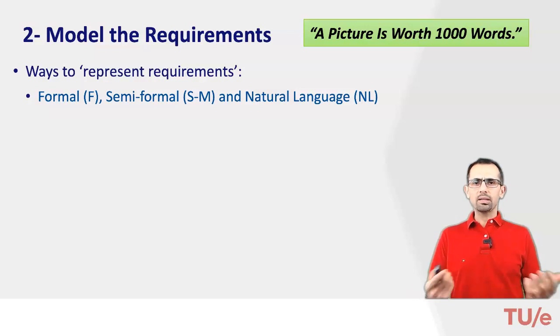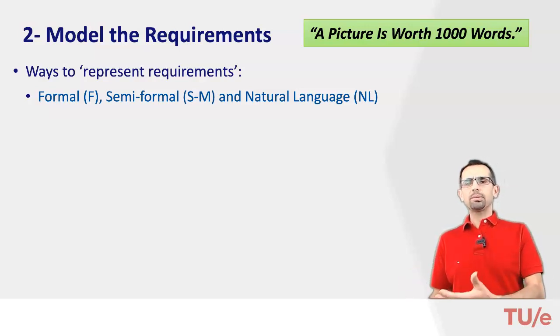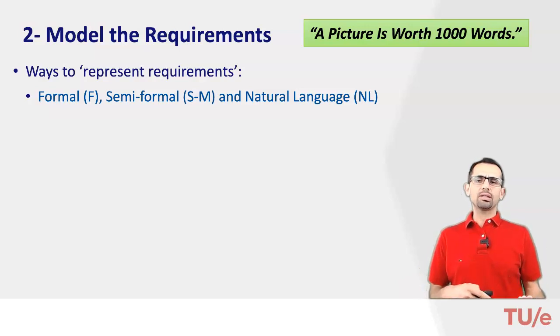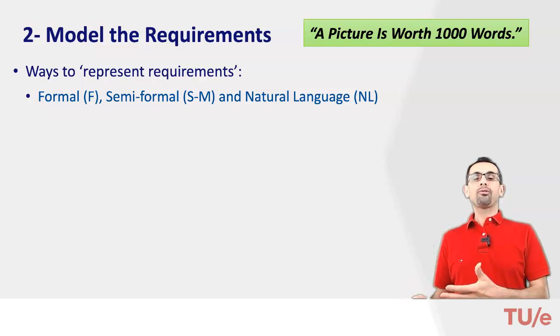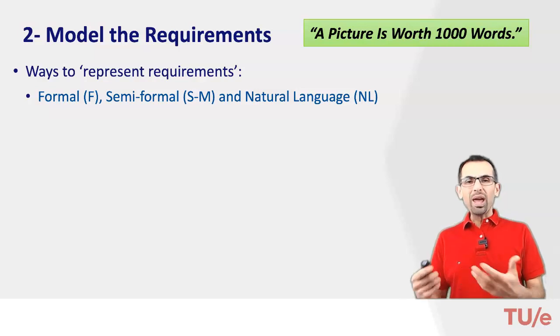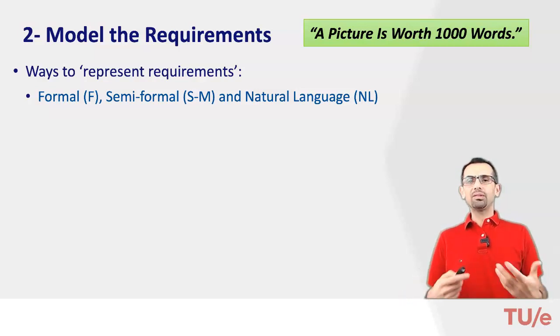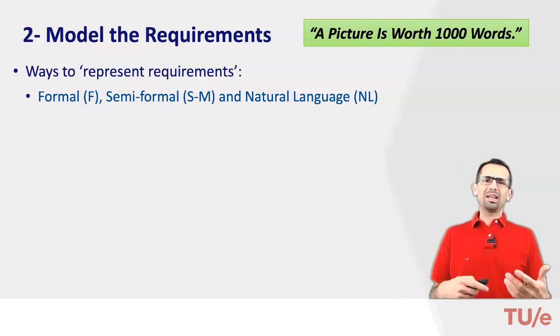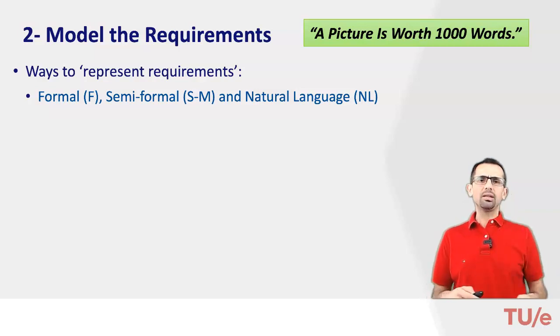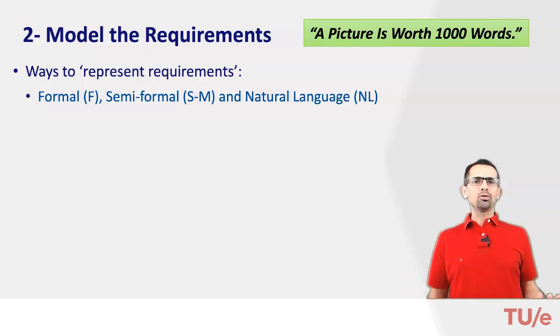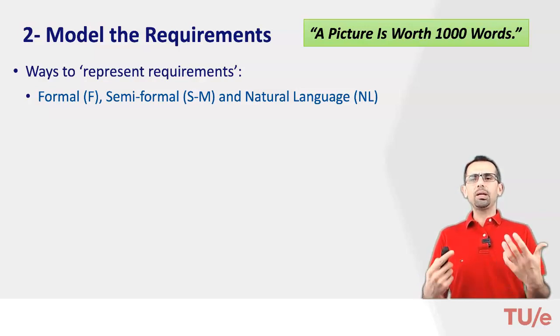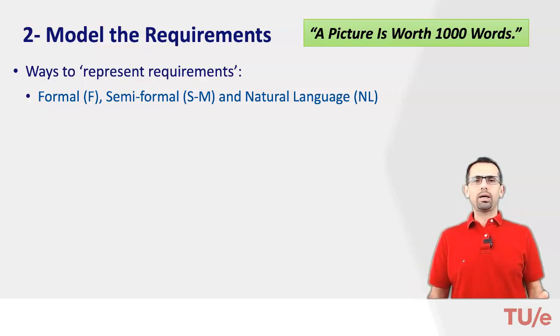And there are things in between, like semi-formal, which means using graphical representations and natural language at the same time. There are indeed formal ways to represent requirements as well. There are even languages like the language Z, check it on the internet, that you can use to represent requirements in a formal way so that everybody understands them in the right way.